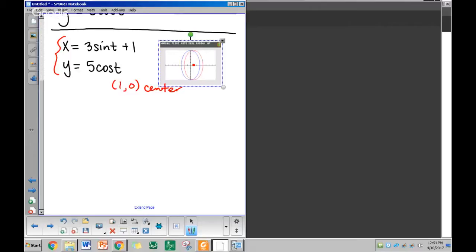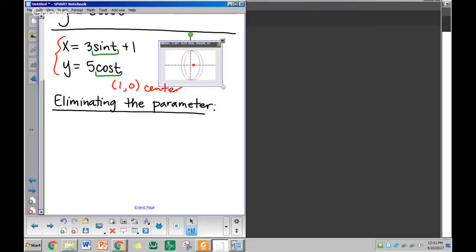So how would I put that in rectangular form? We're going to eliminate the parameter again. What are we going to do? We're going to solve for sine of t and cosine of t. Now, why on earth am I doing that again?